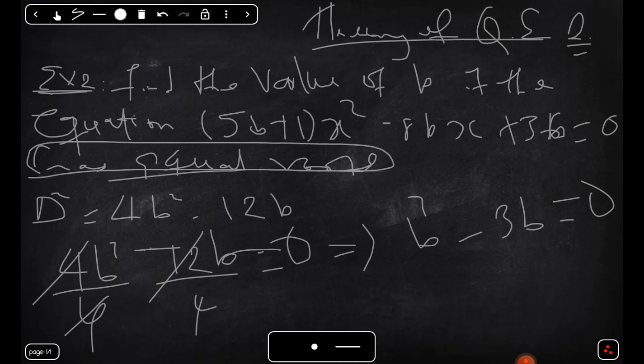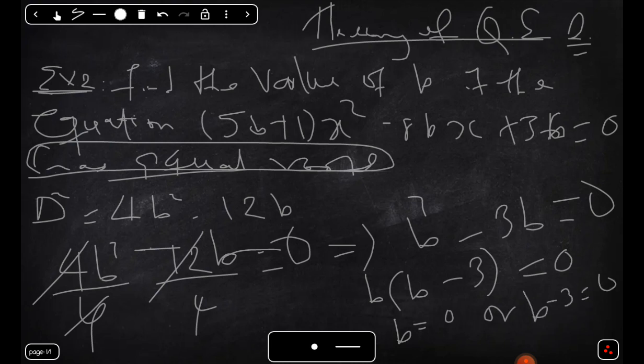Now we look for a way to factorize this. We can factor out b, leaving b minus 3, equal to 0. Thus either b is 0 or b minus 3 is equal to 0.